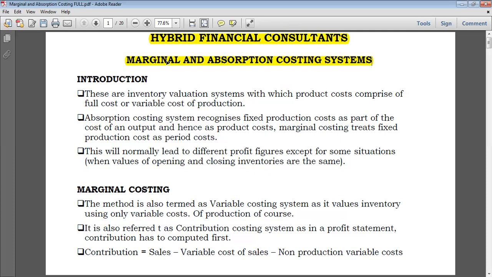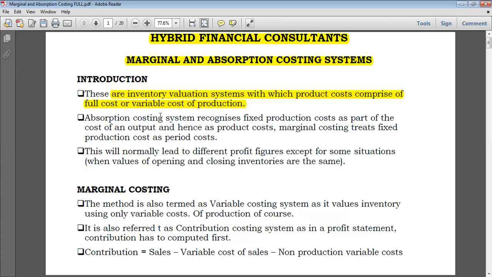With absorption costing, we value inventory using both variable and fixed costs, as long as the costs are related to production. These are inventory valuation systems with which product costs comprise full cost.